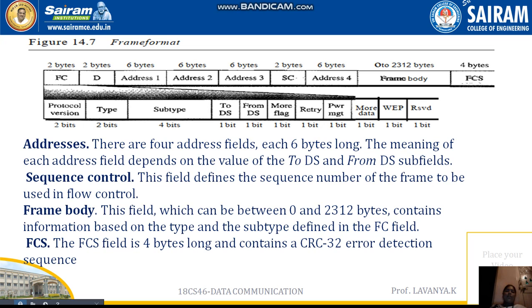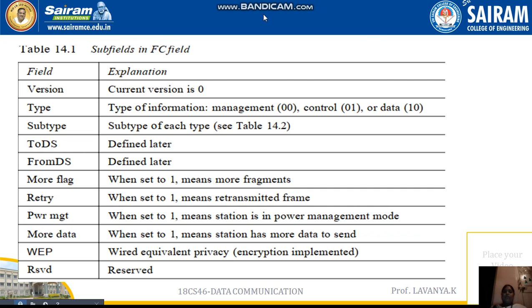To detect errors, we use the cyclic redundancy code method. That cyclic redundancy code contains 32-bit error detection sequences. See, this is our frame format.